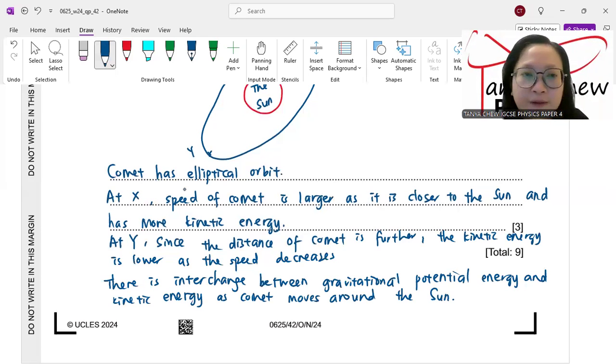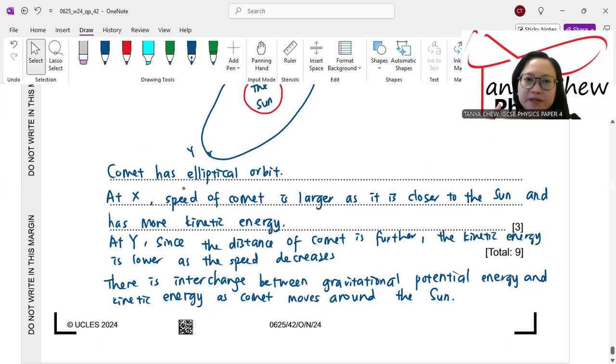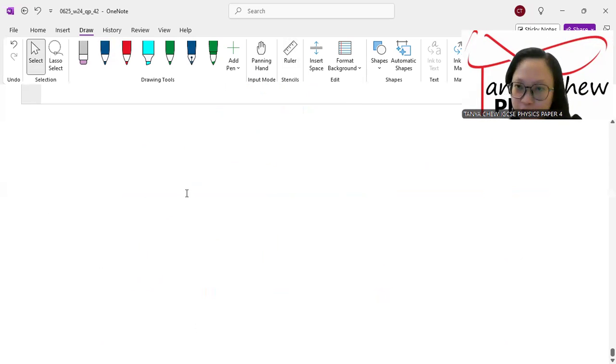When you assume that there is no energy loss in between. So when the kinetic energy is lower, that also means that the gravitational potential energy is the highest. When the kinetic energy is the highest, that also means that the gravitational potential energy is the lowest. Right? So that is all about the discussion.